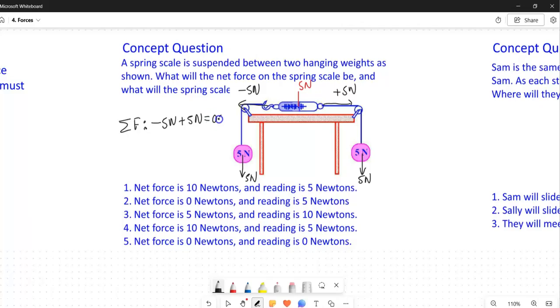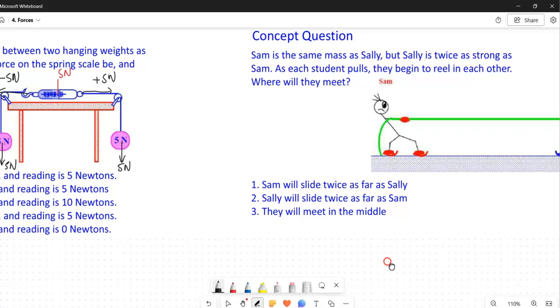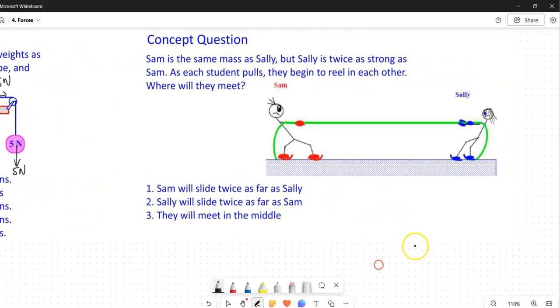Well, that's just going to be 0 newtons. So the overall force acting on the weight scale will actually be 0. However, the reading on the weight scale will be 5 newtons. And I told you it's a really weird concept, but it really does work.